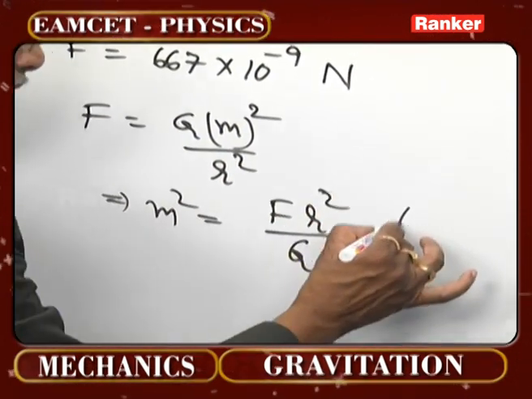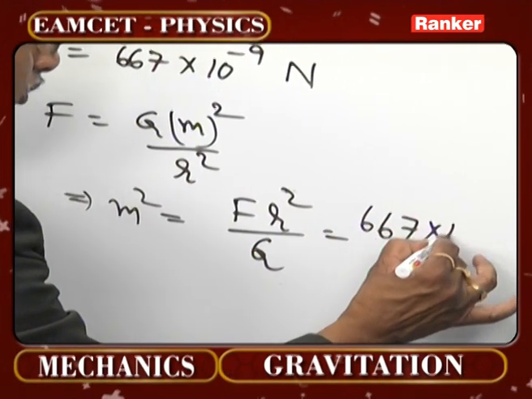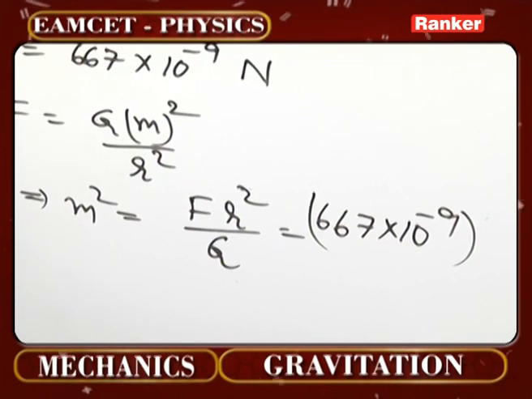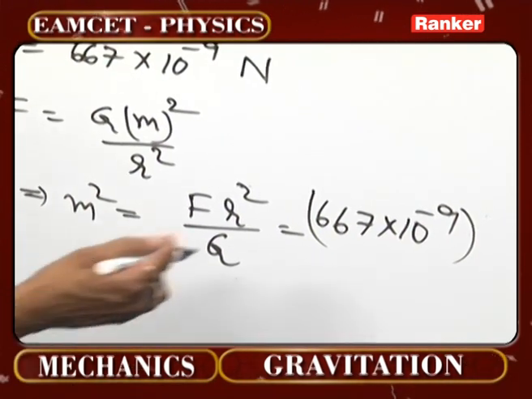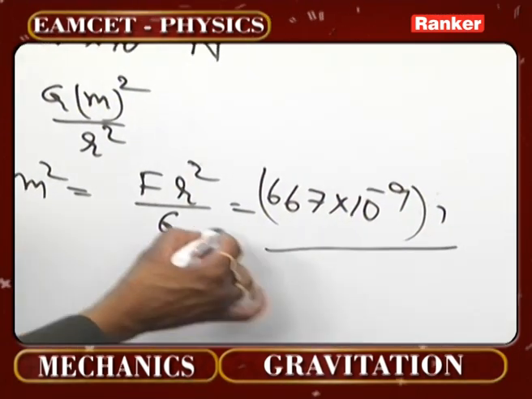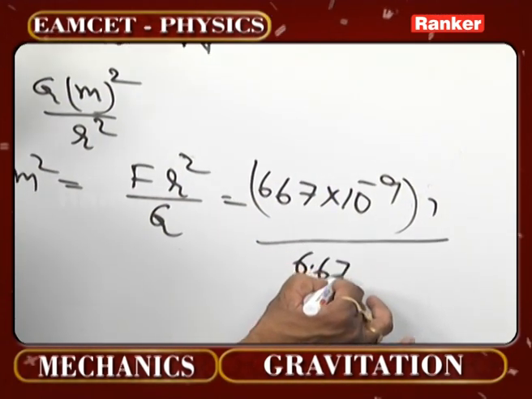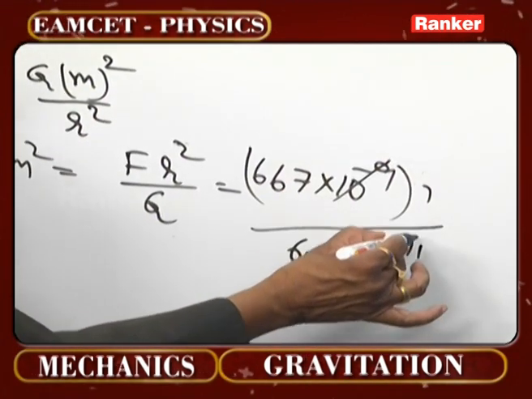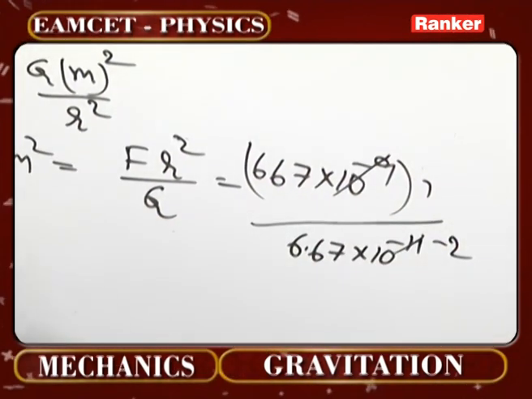What is F now? 667 into 10 to the power minus 9, into the separation distance mentioned, which is 1 meter. 1 meter square of course will be 1 only. What is capital G? 6.67 into 10 to the power minus 11. You can cancel this one minus 2 times first of all.